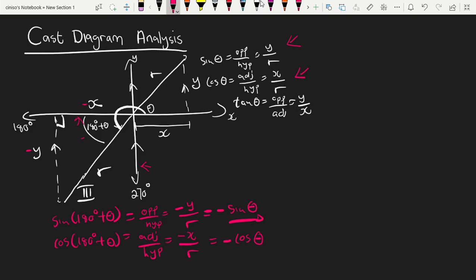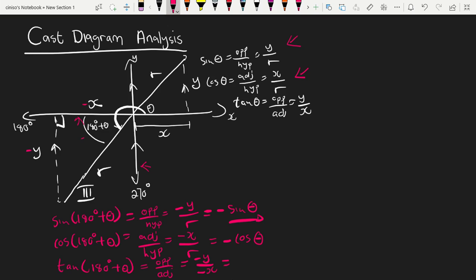See? And now let's try our tan. Tan of 180 degrees plus theta, which is opposite over adjacent. So looking at the opposite side, it's minus, so it equals minus y over, and the adjacent side is minus x.